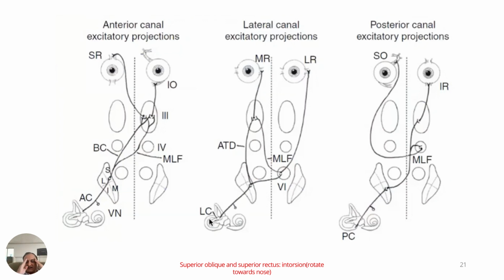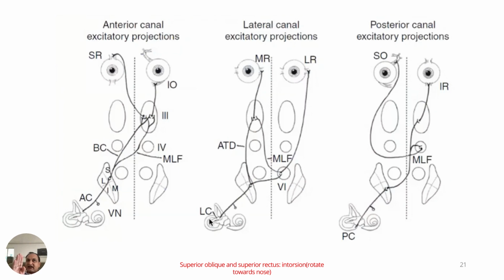So, if the head turns towards the right, the fluid moves towards the left, the left lateral rectus and the right medial rectus need to be stimulated so that the eye will move towards the left, in the direction of the endolymph. Thus, in order to fix a gaze, when our head bends towards the right, the eye has to bend towards the left in order to fix the gaze.